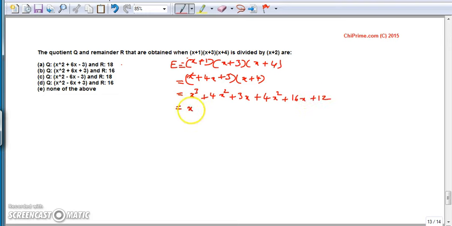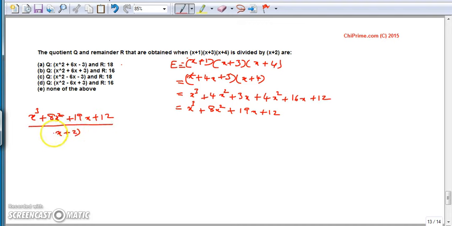Or on further simplification, collecting terms with the same index, that comes out to x cubed plus 8x squared plus 19x plus 12. So what the question is asking is, what is the value of x cubed plus 8x squared plus 19x plus 12 divided by x plus 2?